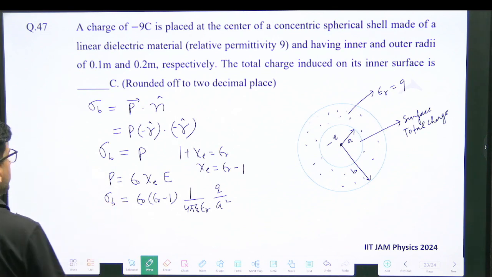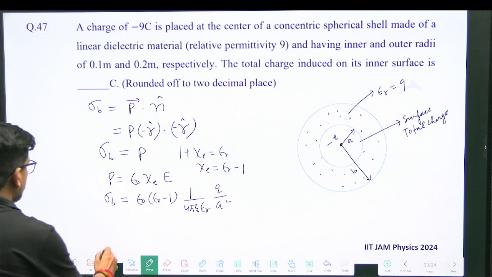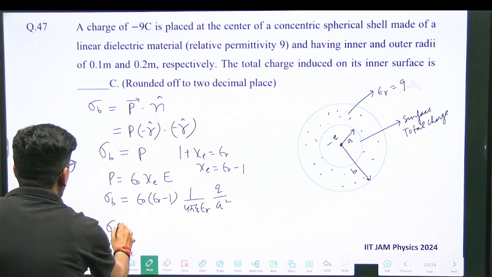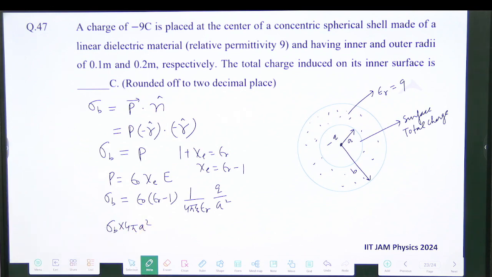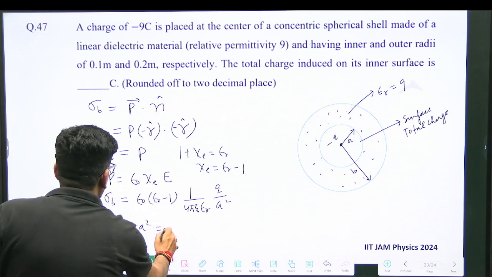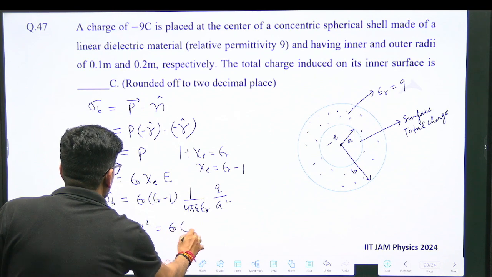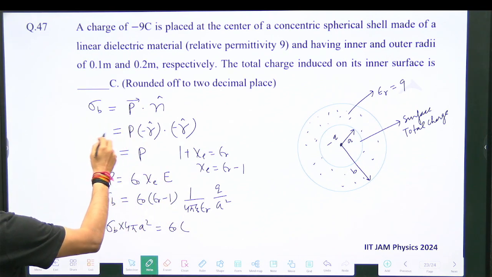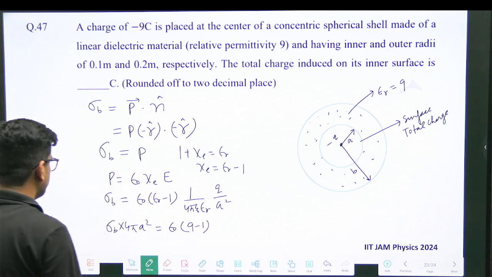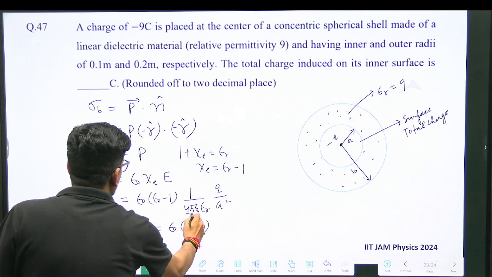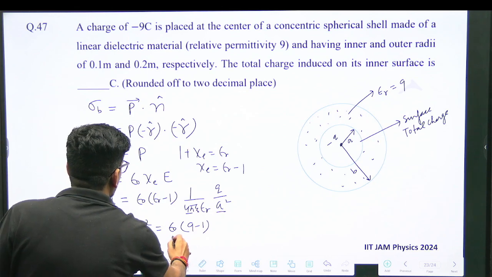So sigma B and P are both the same. So sigma B into 4 pi A square is what we want to calculate, because we want the total charge on the inner surface. So this will become epsilon naught, epsilon R is given as 9, minus 1, and 4 pi is gone, A is gone.